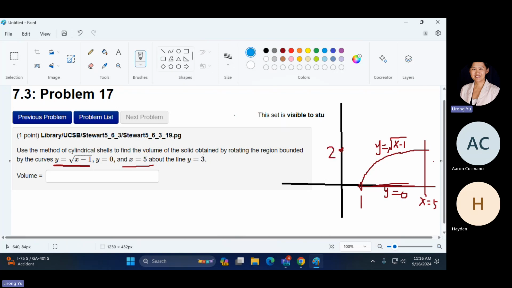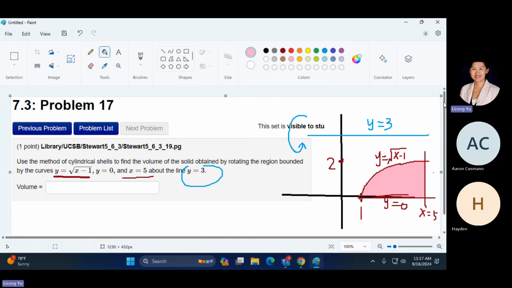Now we're revolving about this line, y equal to 3, a horizontal line. And so we're doing this kind of revolution. The shape that we're looking at is a 2-dimensional shape, and revolving about that line becomes a 3-dimensional shape.